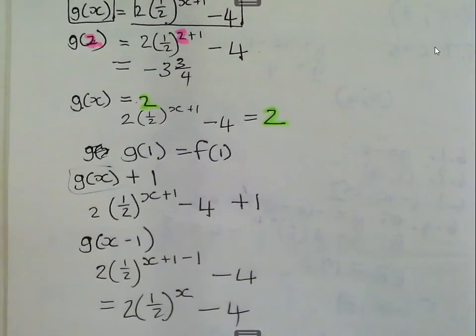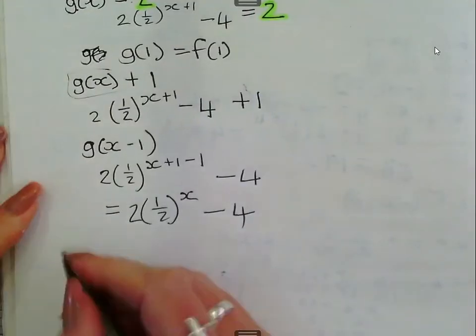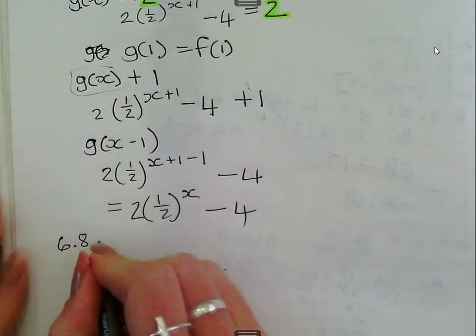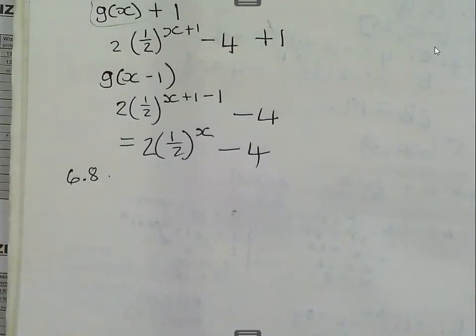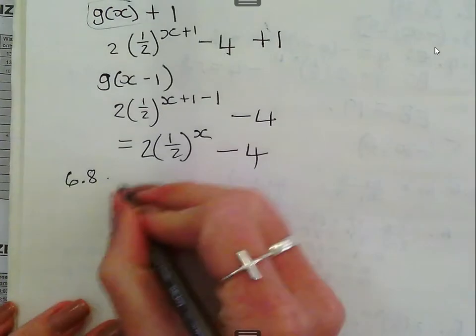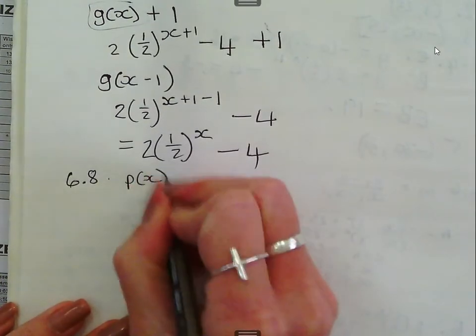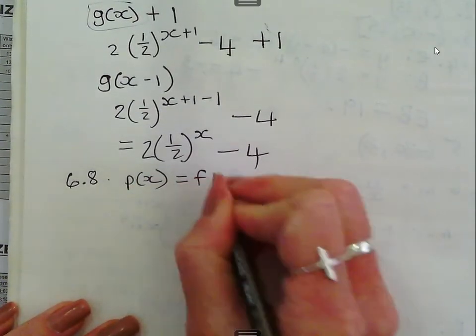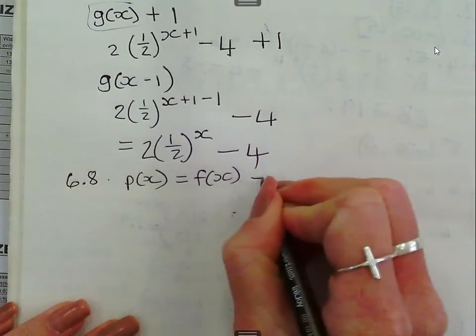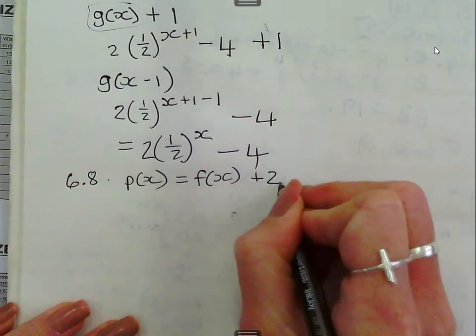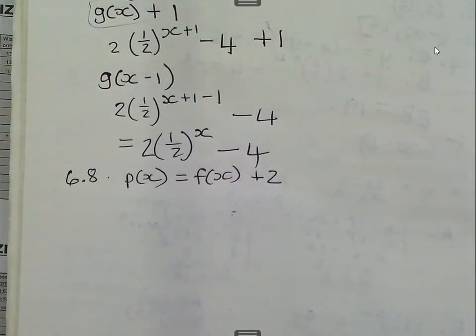So, it brings us to question 6.8. Question 6.8 says, if p of x, do we have a p? Sure. Yeah, we don't have a p graph. If they are referring to this question, they are referring to a new graph.